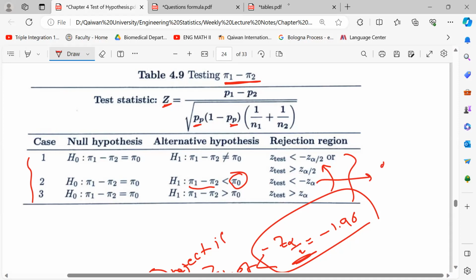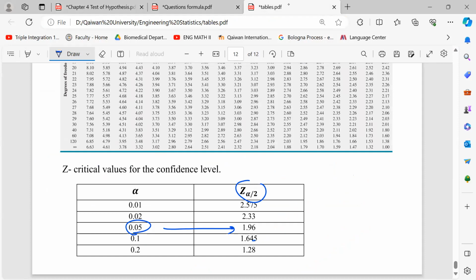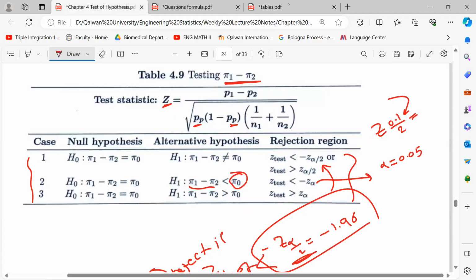Alpha here is 0.05. What is 2 times alpha? It's 0.1. We need to find Z of 0.1 over 2. If we have alpha over 2 like this, it is 0.1. It is 1.645.